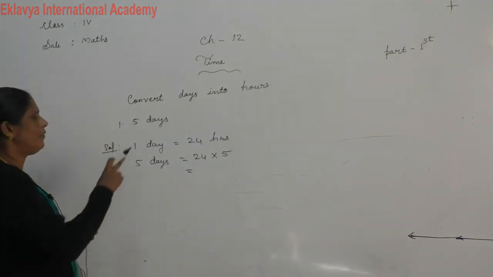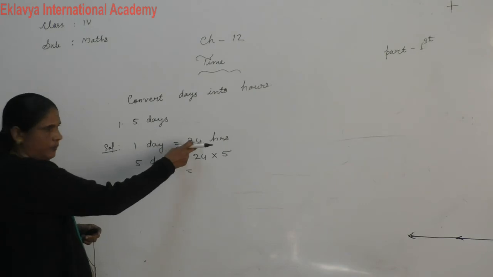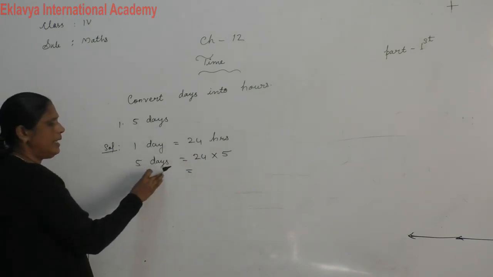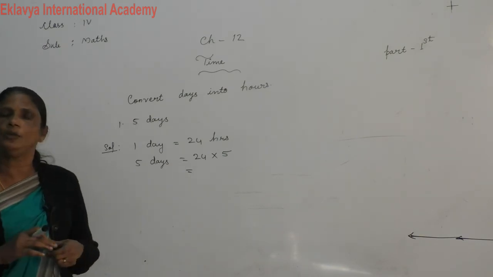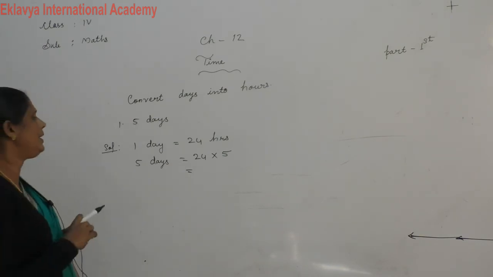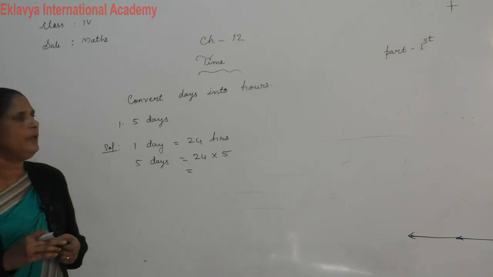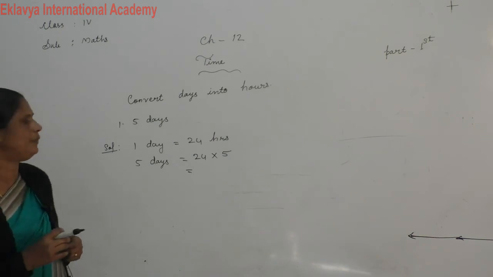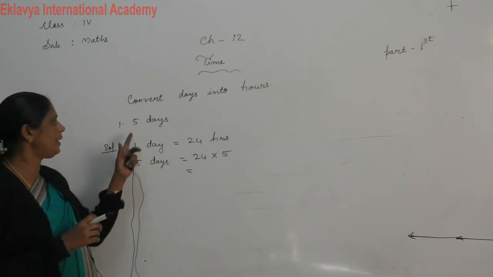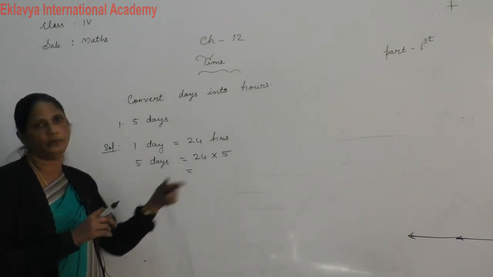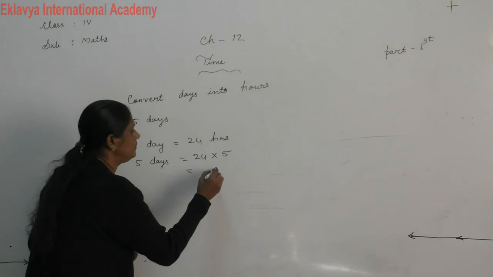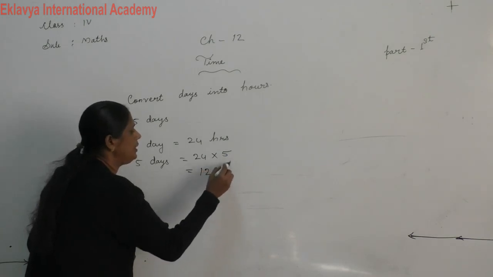First, 1 day is equal to 24 hours. Days into hours we multiply by 24. How many days do we have? 5 days. Therefore 24 multiply 5 is equal to 120 hours.